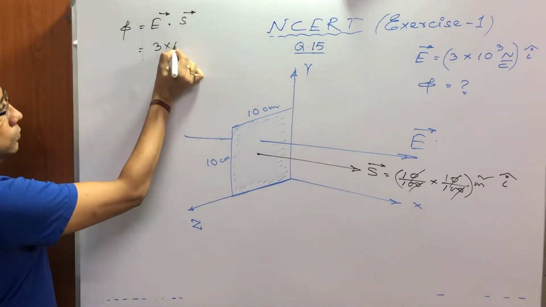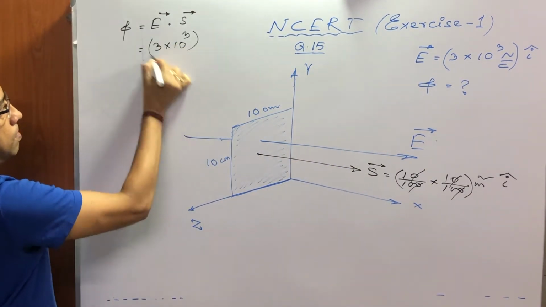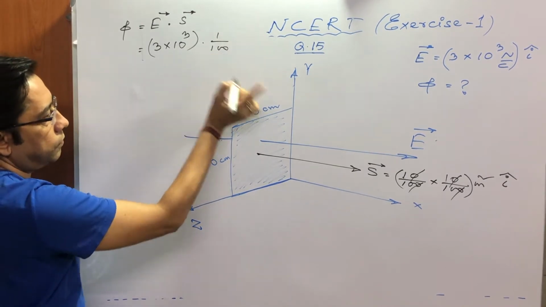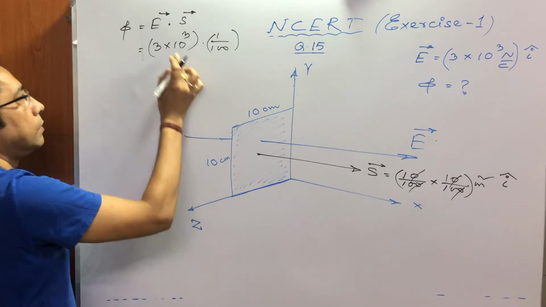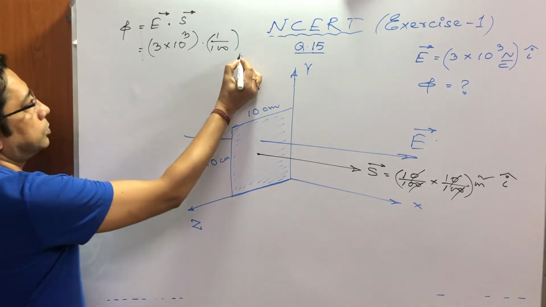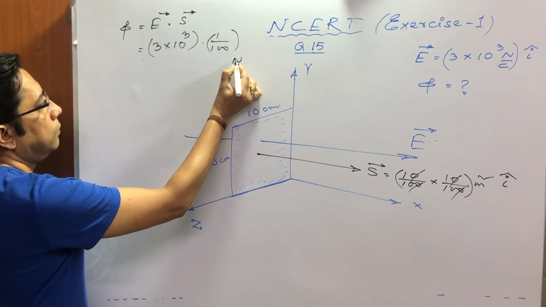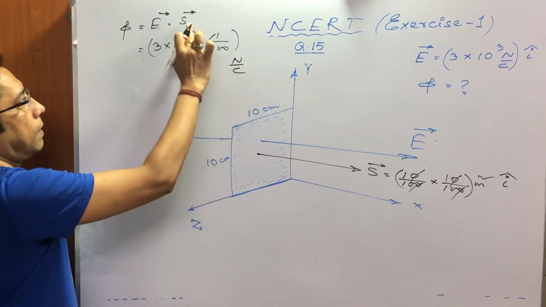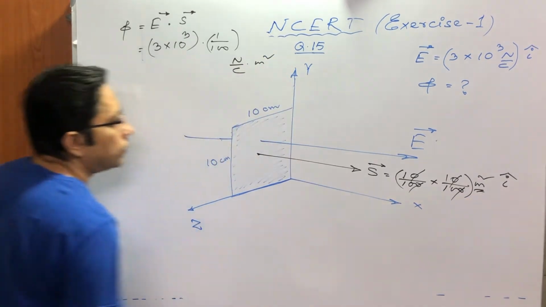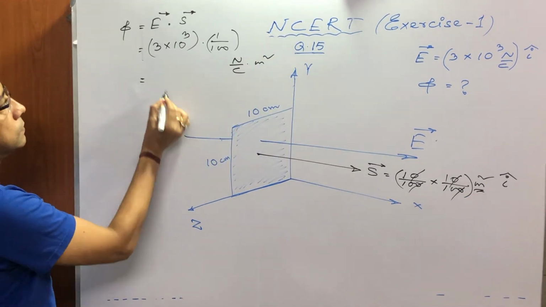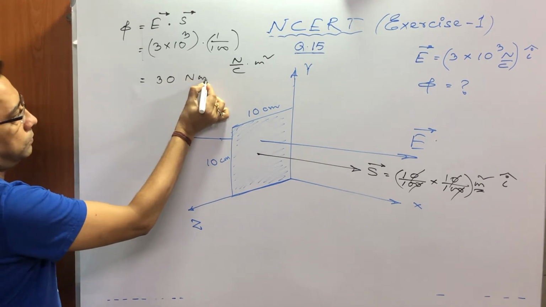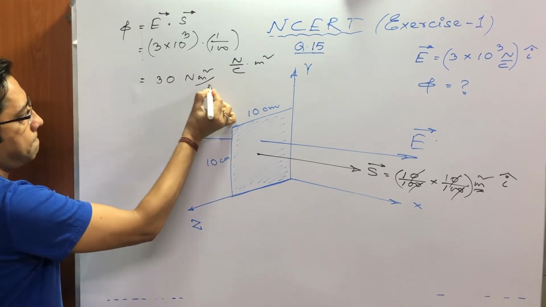E is 3 into 10 to the power 3 and S is 1 by 100. E dot S. The unit of flux is Newton per Coulomb for E, and meter square for area. So this is 30 Newton meter square per Coulomb.